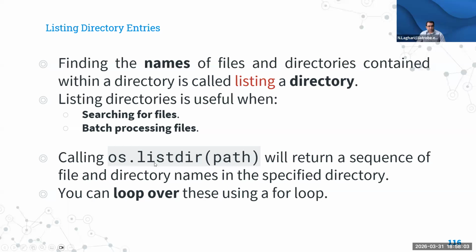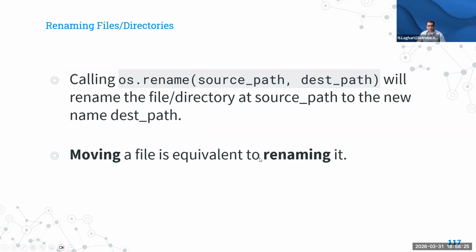And calling os.listdir on the directory path will return a sequence of files and directories, a list you can loop over to fetch each single item from that list. So it'll be giving you all the files and directories or subdirectories present in that path.